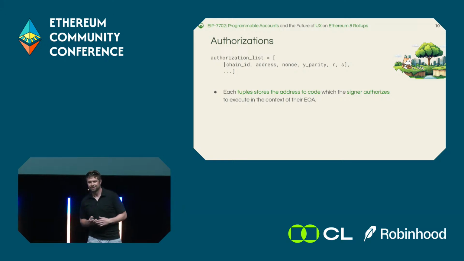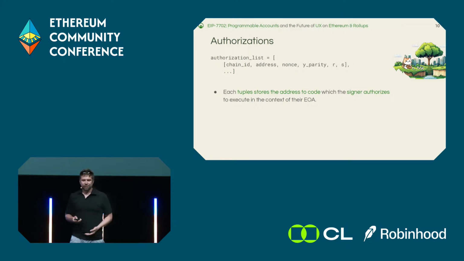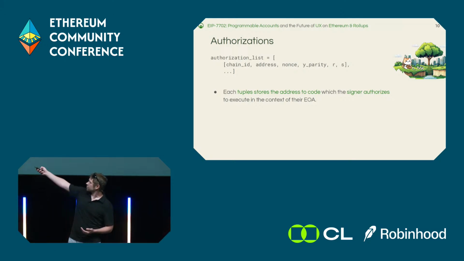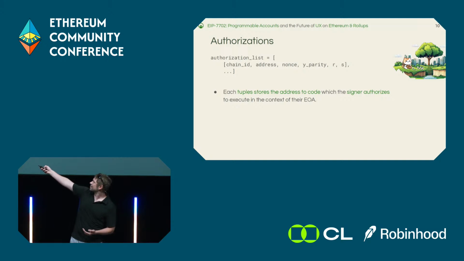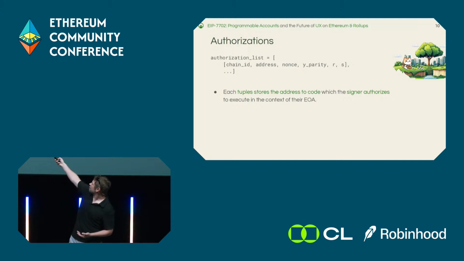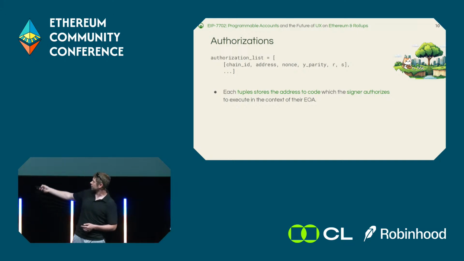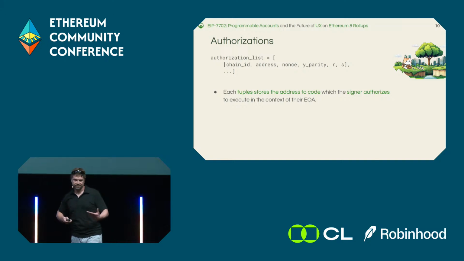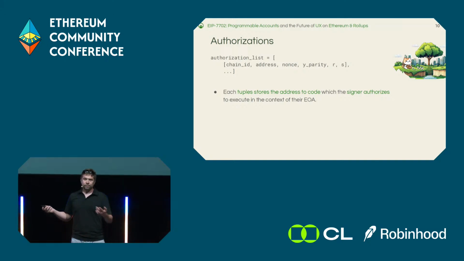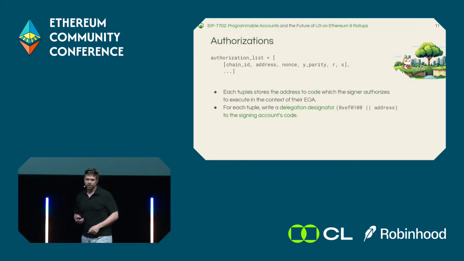And these tuples, during the execution of my absolutely regular normal transaction, will be first processed before executing the logic of this transaction. So each tuple will store the information, which essentially indicates that on this chain ID, the account represented by this signature wishes to delegate its logic to this address, or to the smart contract that is present at this address. So this is what we sign, this is what we give to that somebody that submits the transaction, and this will be processed.